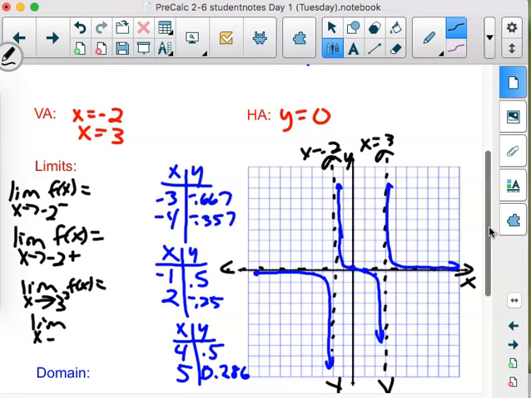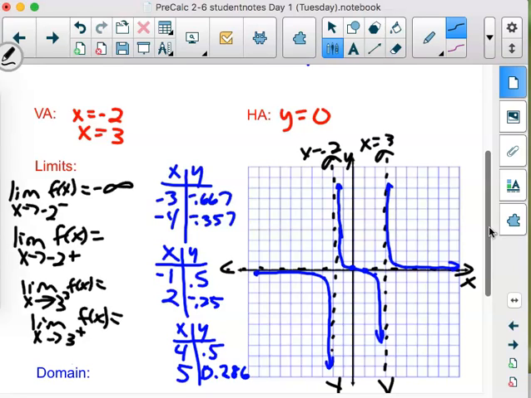And limit as x approaches 3 from the right. Now again, you have to think, what is my blue graph doing as it's approaching those vertical asymptotes? So coming in from the left towards -2, hands going down: -infinity.